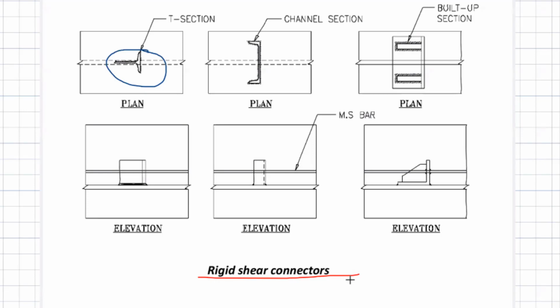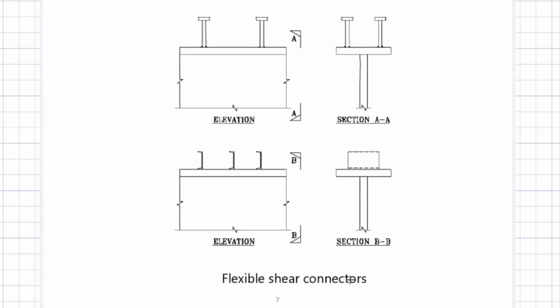These kinds of shear connectors, maybe I may not choose, but then I go to the other ones, which are called flexible shear connectors, right? Flexible shear connectors have a tendency to bend a little bit. I told you the shear studs can bend a little in load carrying, correct?